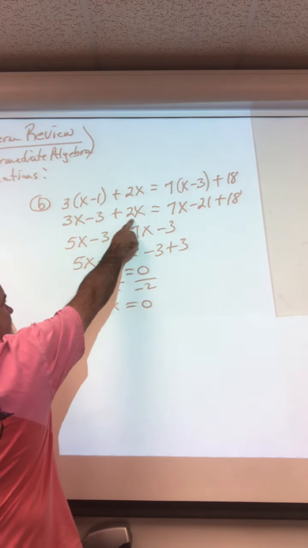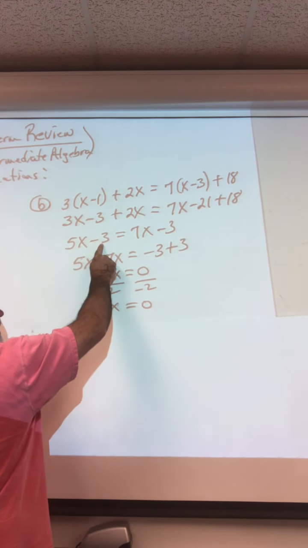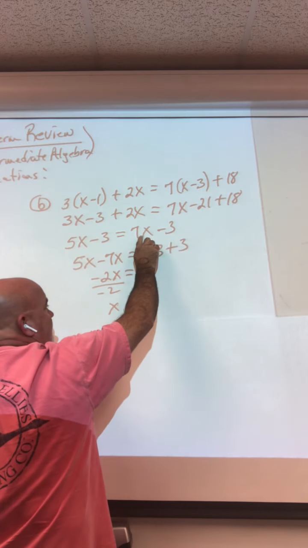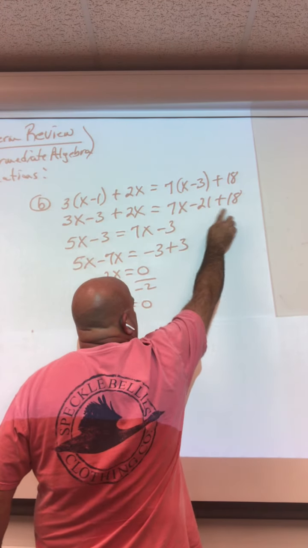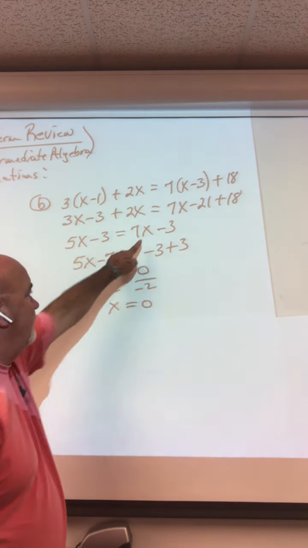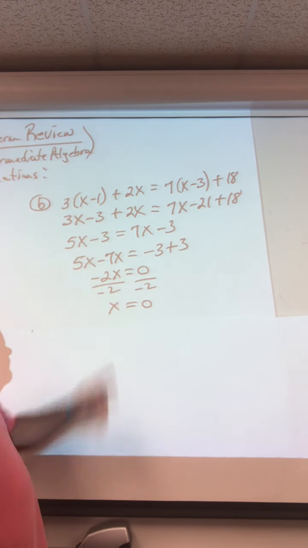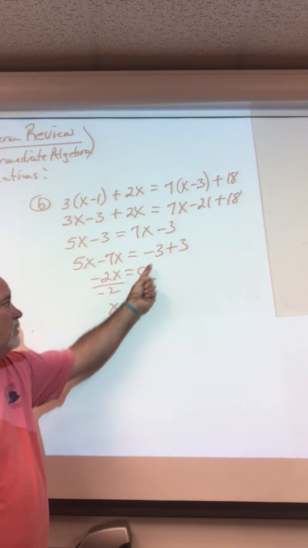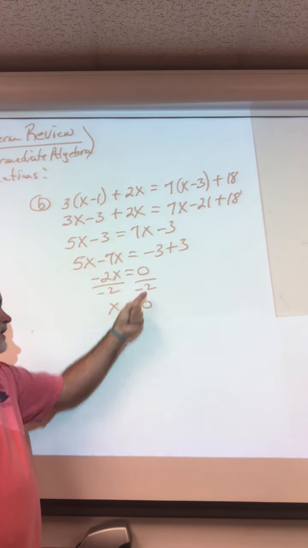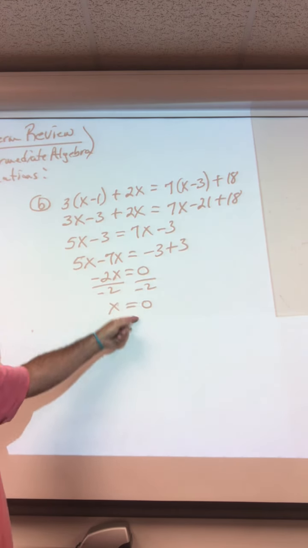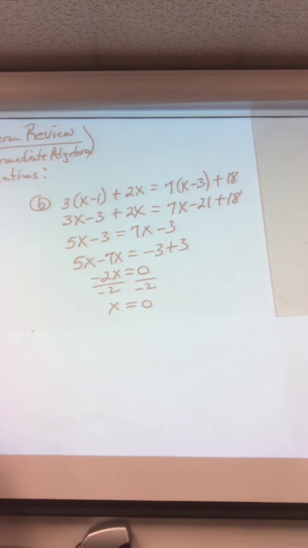Then add the 3x and 2x together, get 5x minus 3, bring down the 7x, negative 21 plus 8 is negative 3. Then get your x's on one side, your numbers on the other. So this would be negative 2x equals 0. Divide by the number in front of x, and 0 over any number is 0. If you've forgotten that, take your calculator and you'll see where that comes from.